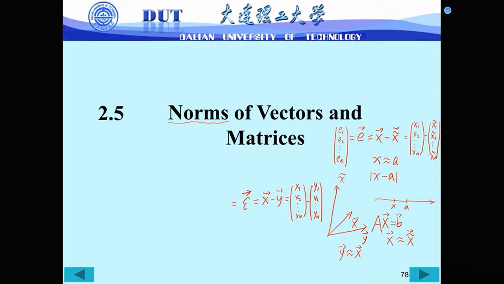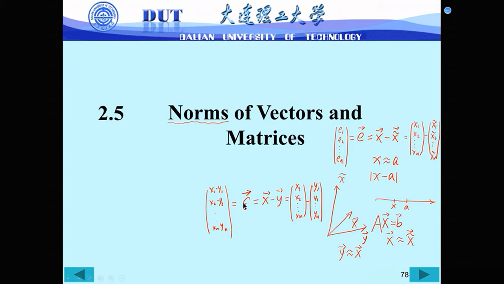Then this error vector is x1 minus y1, x2 minus y2, to xn minus yn. Now we have two approximate vectors, x tilde and y, and we need to compare which one is better. That means we need to compare the two vectors E and epsilon.